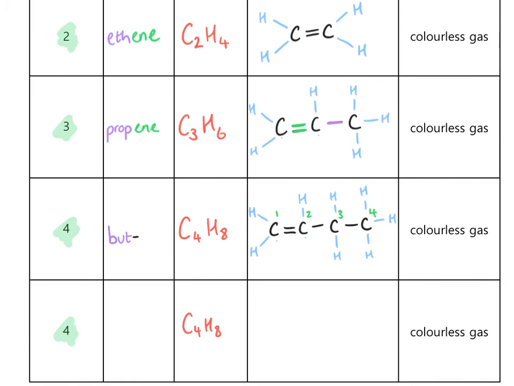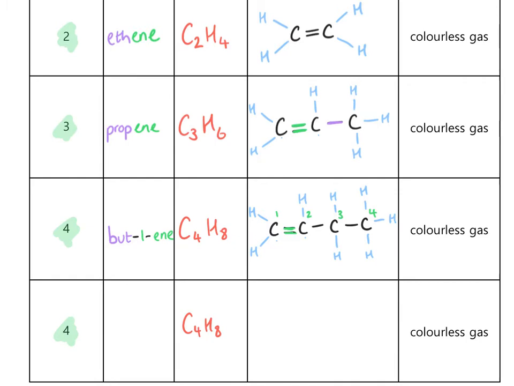And after the dash, I put a number in. And that's the number that represents where the double bond is. The double bond we can see in this example is between carbon 1 and carbon 2. So we call this but-1. Then we put a dash. And then we end it, as before, with -ene. But-1-ene.